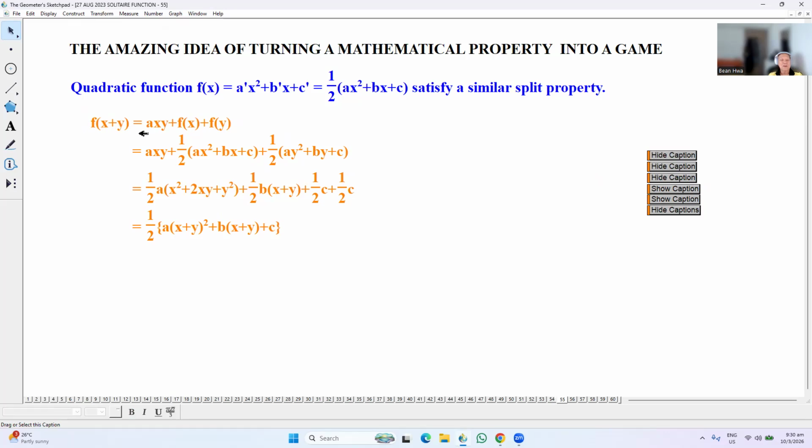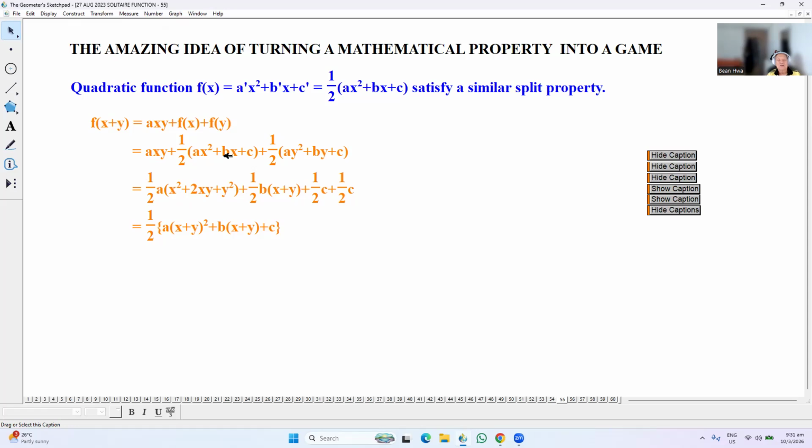F of x plus y is axy plus fx plus fy. Notice there's an a in front. Then we apply fx is half ax squared plus bx plus c, fy is half ay squared plus by plus c. And collecting the terms with a, we have half ax squared, then half 2xy, a is taken out of the bracket, then half y squared.